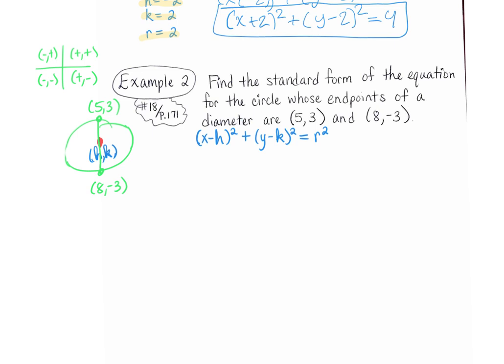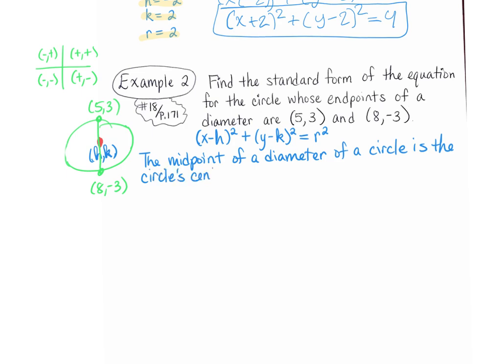So let's just write out what we've talked about. The midpoint of a diameter of a circle is the circle's center. And remember we talked about the midpoint formula before?